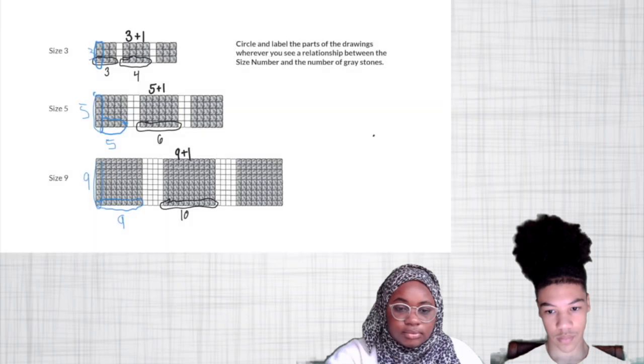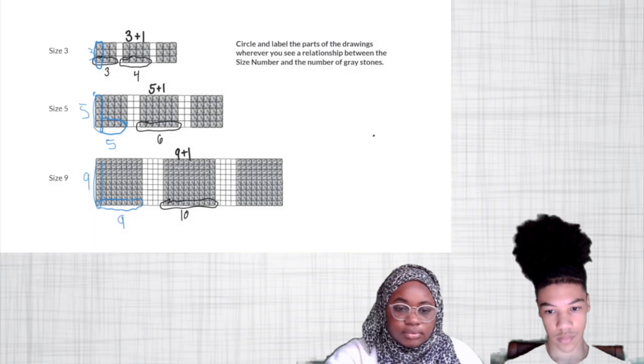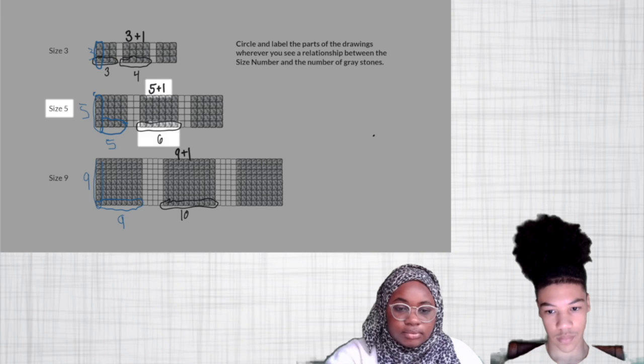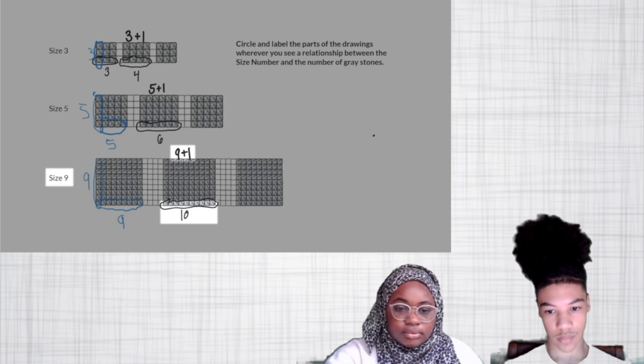ET said that each row had 1 more stone than the size number. So, when the size number was 3, it was 4. When the size number was 5, it was 6. And finally, when the size number was 9, there were 10 stones.